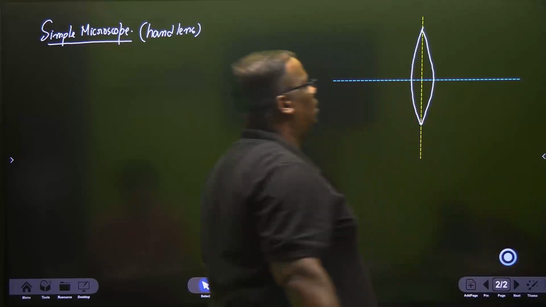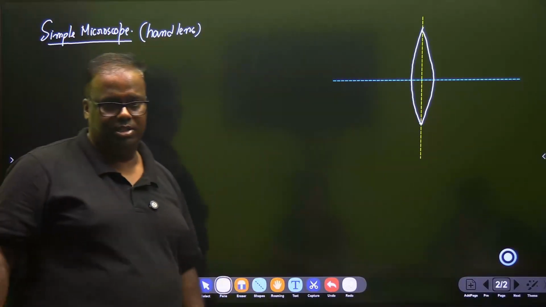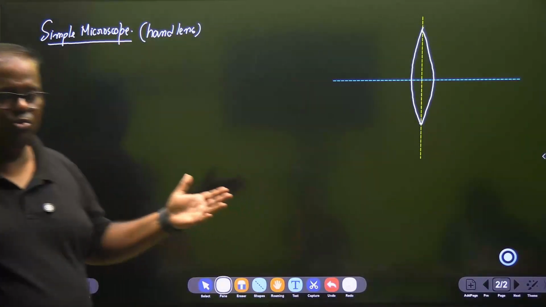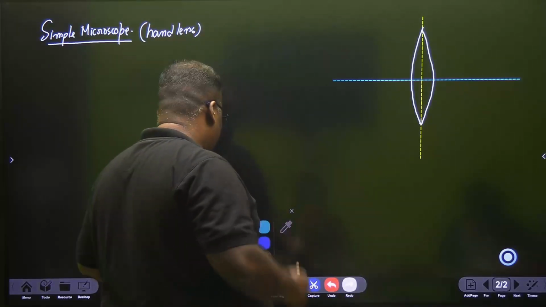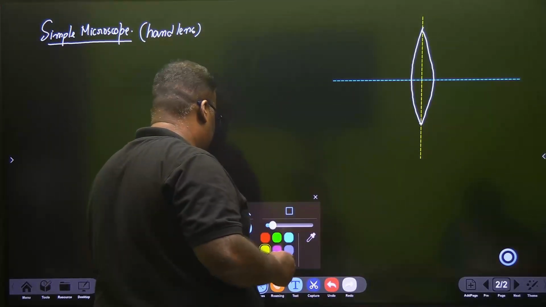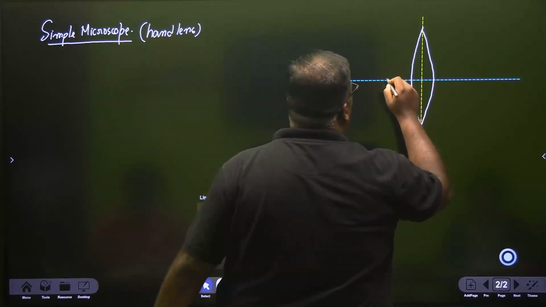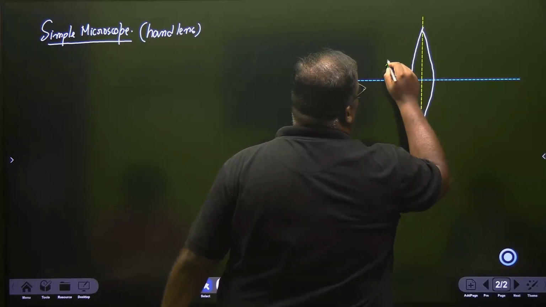With a large focal length, its focus will be quite far off from the lens. So when we use a magnifying glass, how do you use it? You project it on the object, so that wherever you keep the object by choice, the object will always take a position between the focus and the optical center.